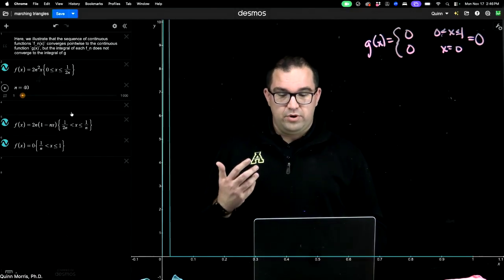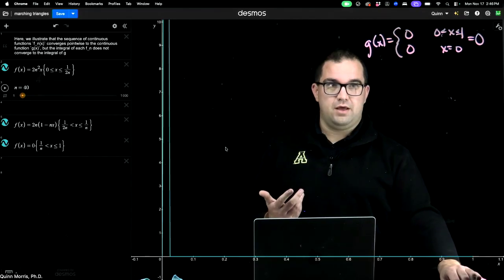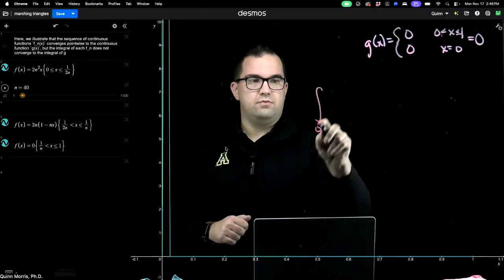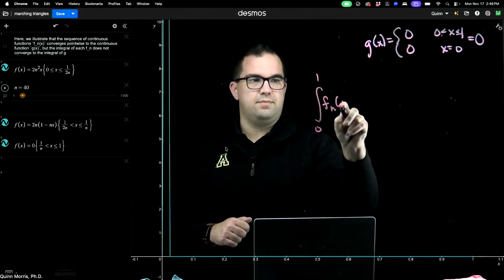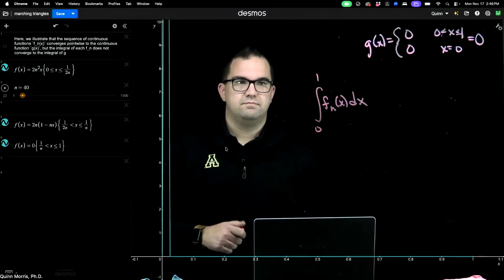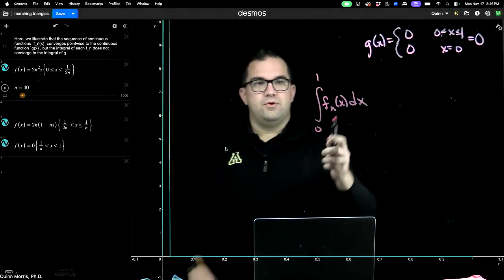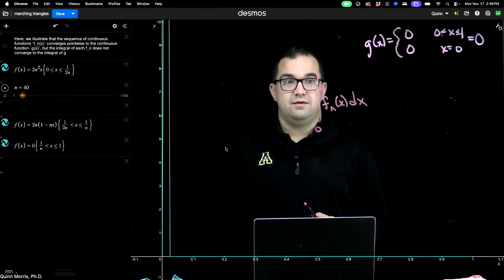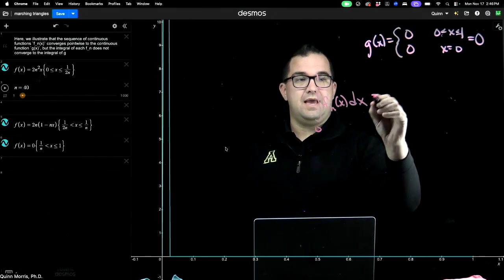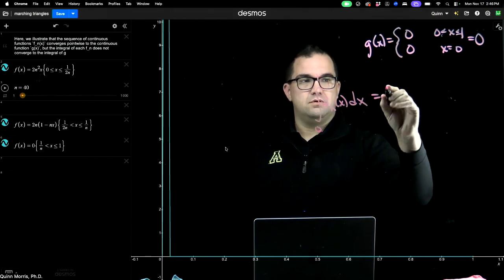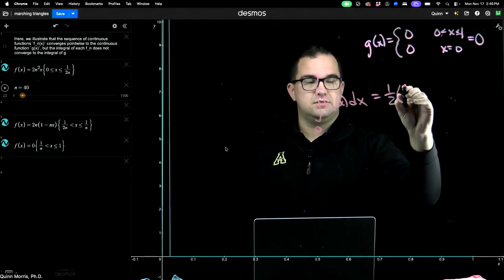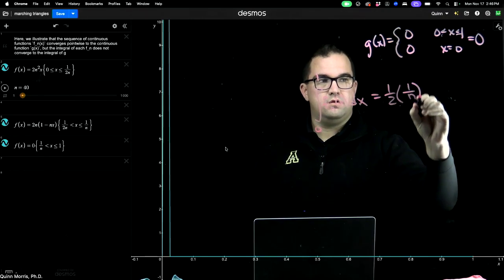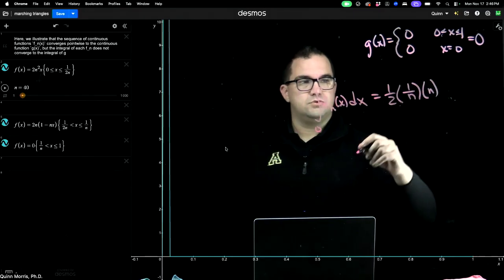Now, it does bring up another interesting phenomenon though. If I were to look at the integral from 0 to 1 of each of the f sub n of x, if you remember, each of these was a triangle with base 1 over n and height n. So the area of each of these triangles was just 1/2 base, which was 1 over n, times height, which was just n.